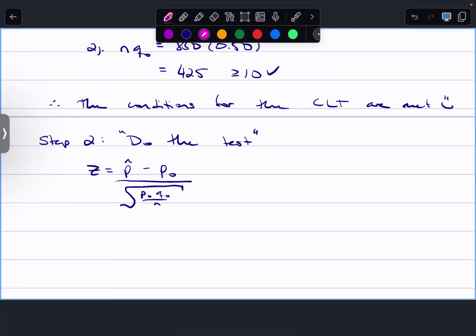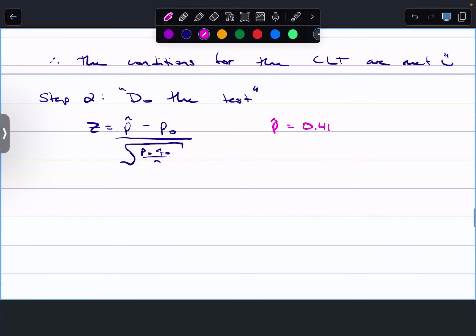Let's remind ourselves that p hat is 0.41, p naught is 0.50, q naught is also 0.50, 1 minus 0.5, and n is 850. Looks like we have all these components. So it's a matter of plug and chug.